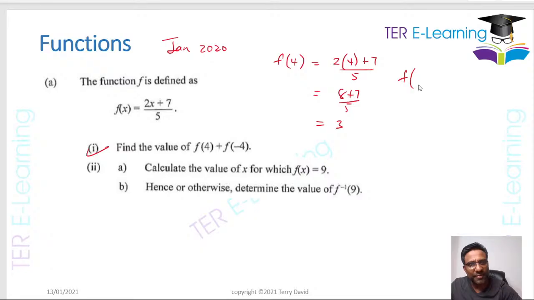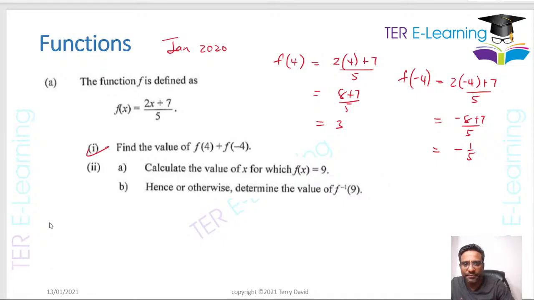Next thing we need to do is find f of minus 4. That's going to be 2 by minus 4 plus 7 over 5, and that is minus 8 plus 7 over 5. Minus 8 plus 7 is minus 1, so this is minus 1 over 5. To get f of 4 plus f of minus 4, all we're doing is adding those two answers.